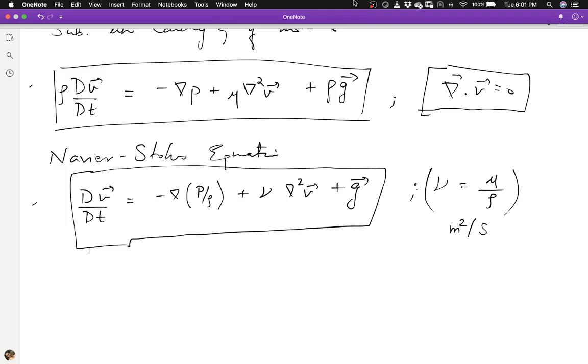So, at no point in this discussion have I appealed to an experiment or a measurement of viscosity of a fluid. Now, as it turns out, this is actually the way the Navier-Stokes equations were arrived upon at the beginning.